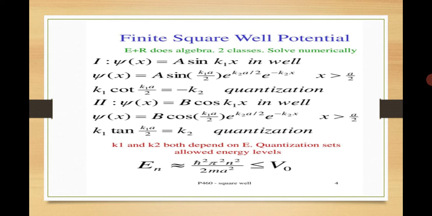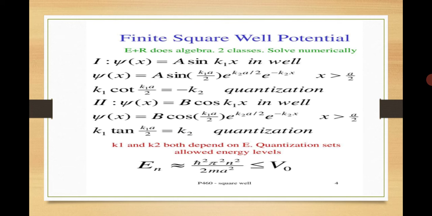Now we have to find the value of the coefficient A and the value of k. But here we directly go for k cot kx, the quantization condition, and second, the wave function psi is equal to B cos kx in the well. Here we can see that k1 and k2 both depend on the energy E. Quantization sets the allowed energy levels.